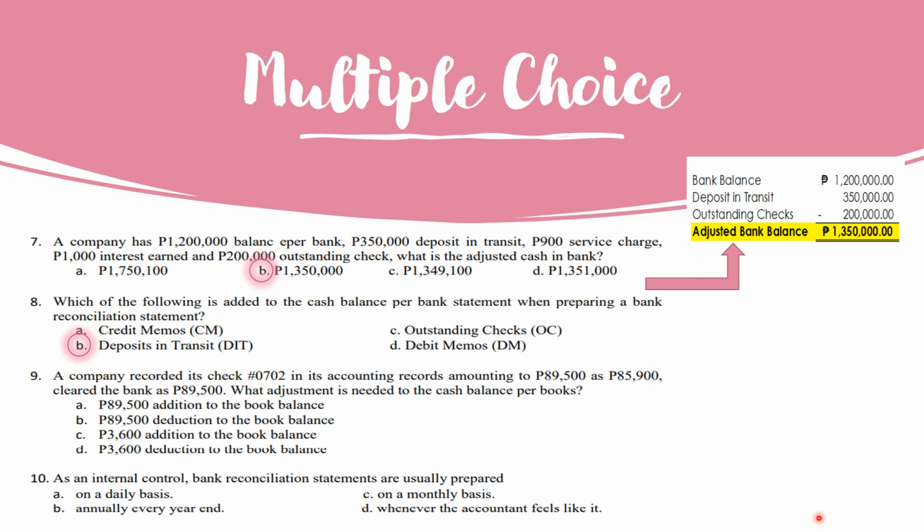So, that's why you need to deduct an additional 3,600 on your book balance. Kasi the entry should be debit expense 89,500, credit cash 89,500, not debit expense 85,900, credit cash 85,900.